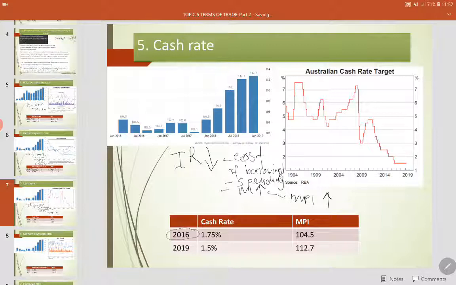In 2016, cash rate 1.75, MPI 104.5. But in 2019, cash rate decreased to 1.5 and our MPI increased to 112.7. So an increase in MPI will cause TOT to be unfavorable, and vice versa.